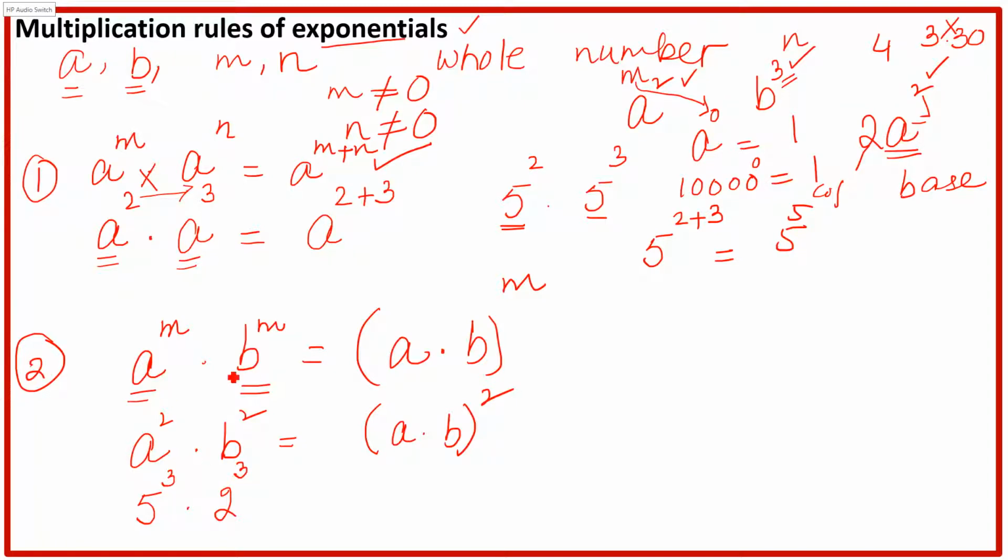This is the general formula with A and B, but I can write B cubed instead of A, B cubed, and then 2 cubed. The bases are not the same, but the exponents are the same. So for 5 multiplied by 2, we write the bases like this and the exponent only one time. It will be 5 multiplied by 2, raised to the power 3.